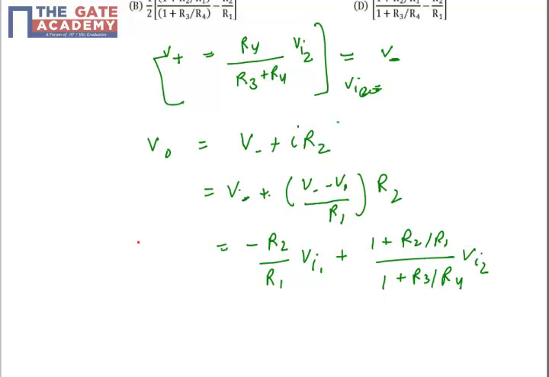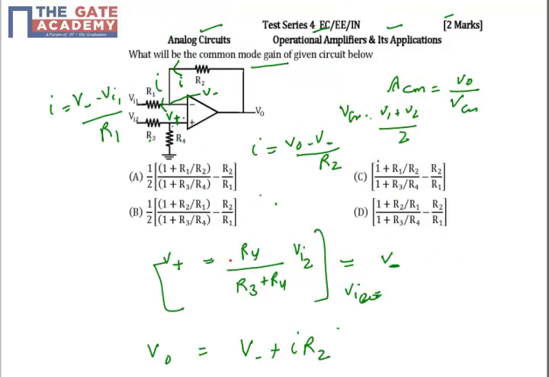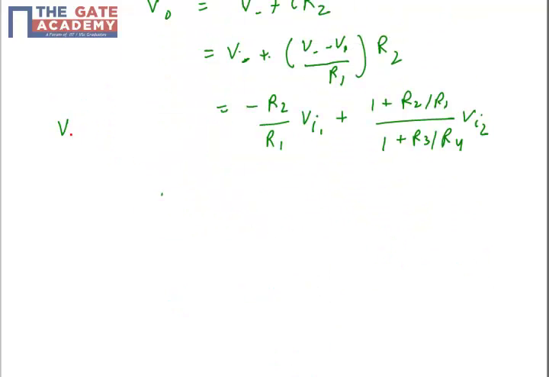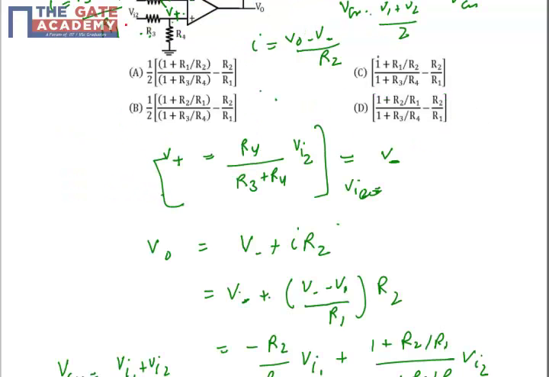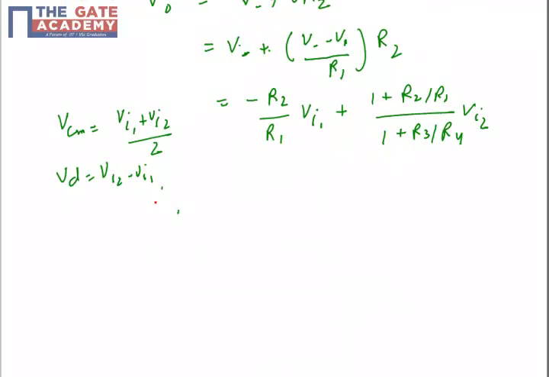In the case of an op-amp, the common mode voltage VCM will be (VI1 plus VI2) by 2. My differential voltage VD will be VI2 minus VI1, because VI2 is the voltage at the non-inverting terminal, so the differential voltage is non-inverting voltage minus inverting voltage.